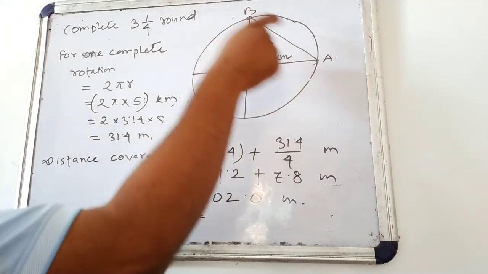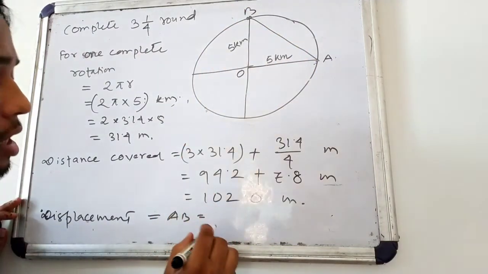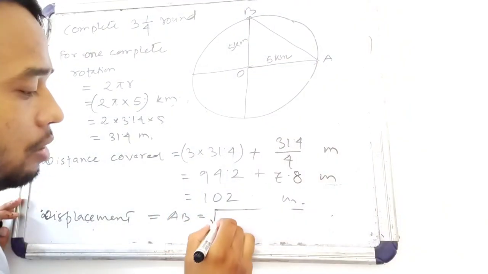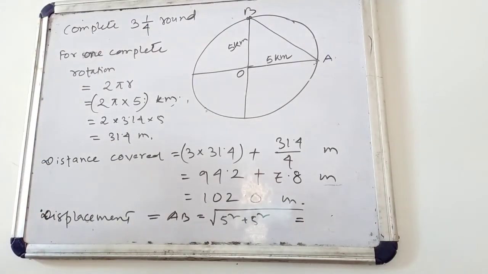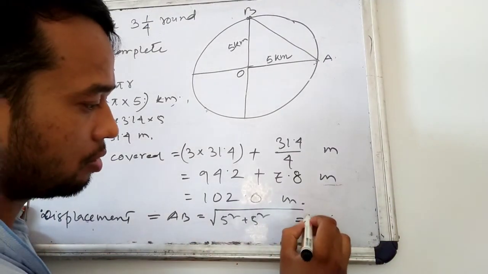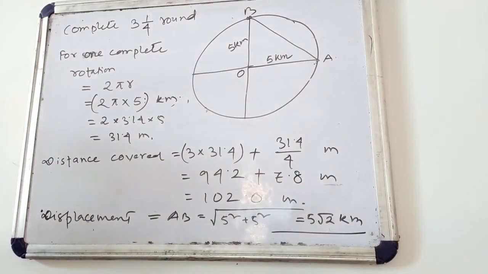So AOB will be a right angle triangle, and from here the hypotenuse AB equals root over base square plus perpendicular square. So if we calculate this, it will be 5√2 kilometer. So this will be our displacement.